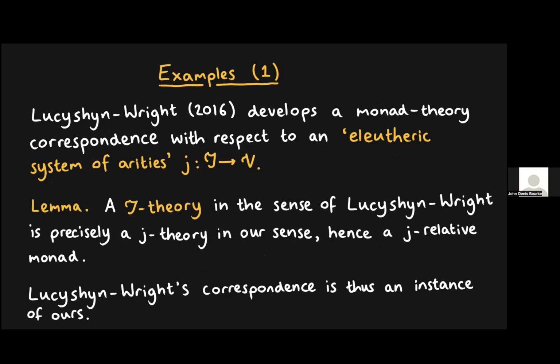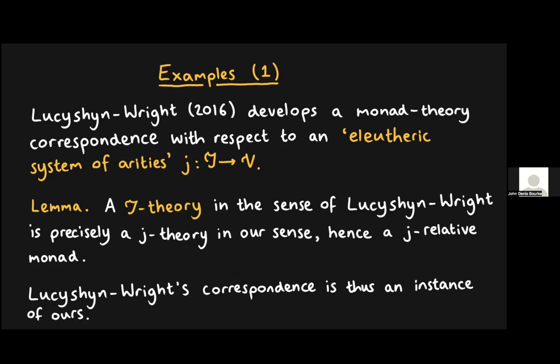Okay, so our first class of examples. This will be familiar to you if you're familiar with monad theory correspondences. If you're not, then don't worry. It's just some correspondence in the literature. But in particular, Lucyna Wright in 2016 developed a general monad theory correspondence for enriched categories with respect to what he calls an eleutheric system of varieties.